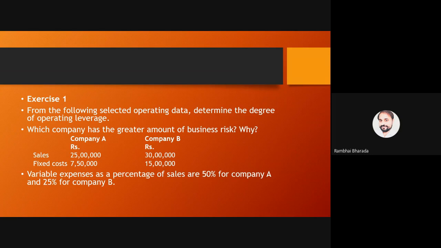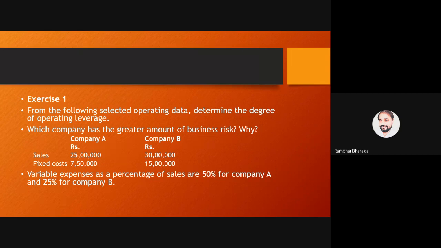Now moving ahead to operating profit, OP. How do we find the profit? It's very simple: total income minus total expenses. Here, that means sales minus total cost. Operating profit is equal to sales minus total cost. The total cost means both variable cost and fixed cost.